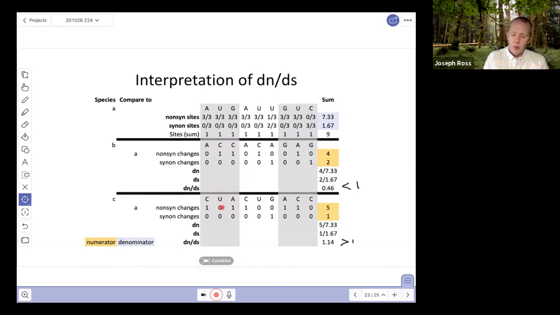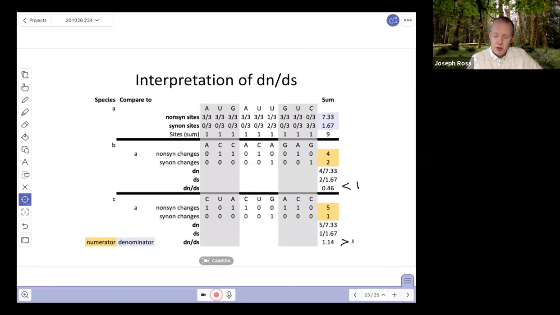So what's going on? What sorts of genes might we expect to see dn/ds values greater than 1, where it looks like after natural selection is finished, the individuals that had more non-synonymous changes, amino acid changes to this protein, are better off, they're more fit than individuals that were getting fewer non-synonymous mutations or only synonymous mutations?